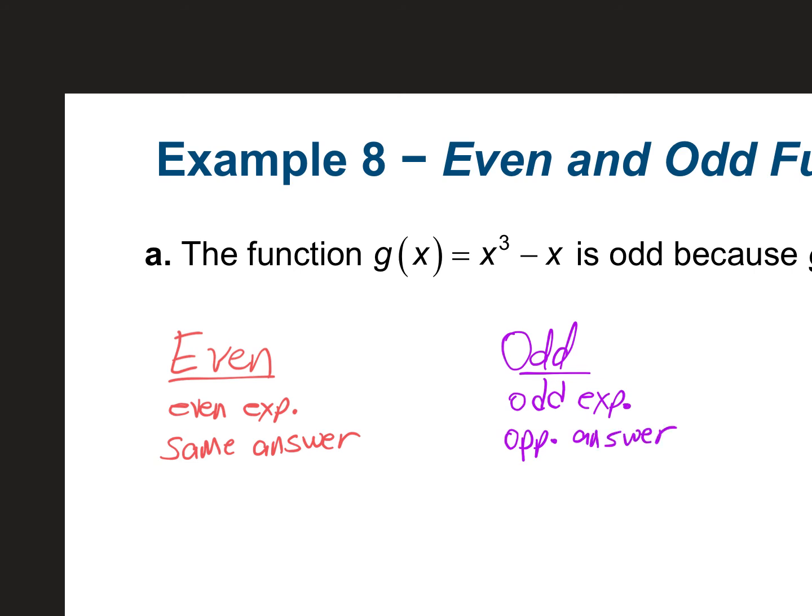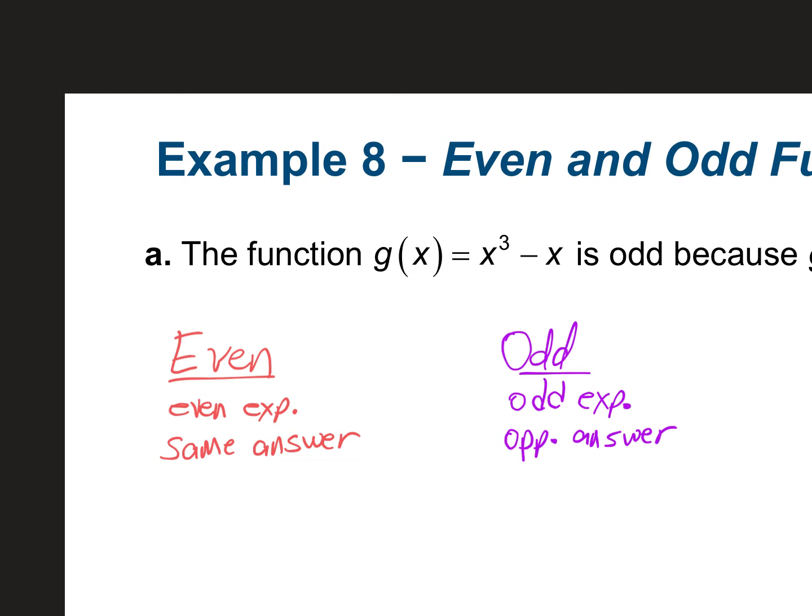Now the books will tell you to plug in x and negative x and then compare the answers. That can be extremely confusing. Extremely confusing. So I'm going to show you a trick that will work every single time. Okay? We're going to test two numbers.